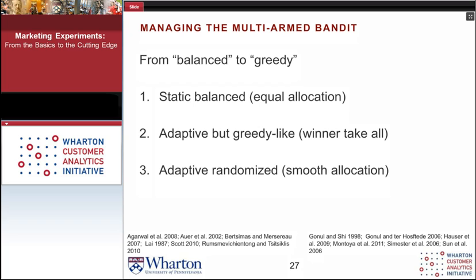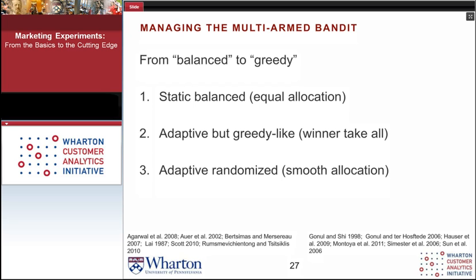And so we're going to call that winner take all, but there seems to be some need to be in the middle of those two, because a winner take all strategy seems a bit risky, especially since we're dealing with small sample sizes or a wide range of sources of variation. You may not want to take the risk of putting all your eggs in one basket.